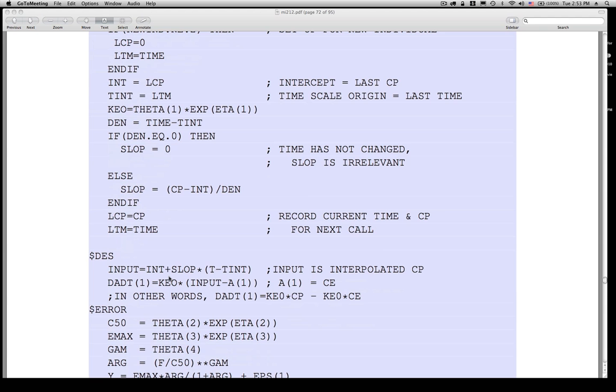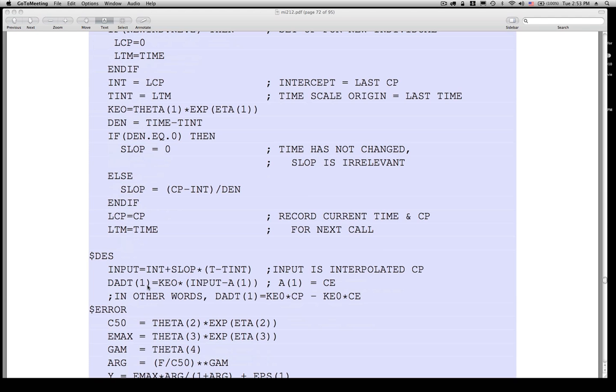And so we can see now that this input concentration is going to be equal to a prediction based on that incremental continuous time minus the last intercept. And so essentially we have an interpolated concentration across that linear segment in the linear interpolation. And that's used now as the driving function for the effect compartment.